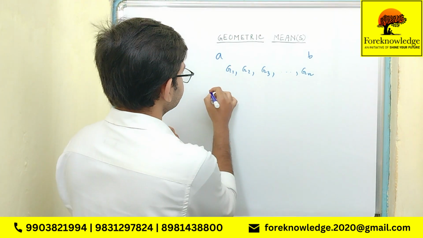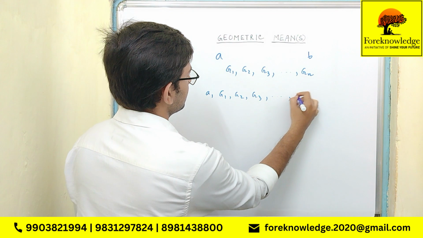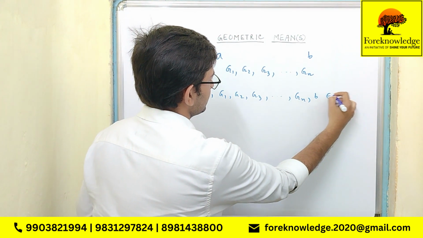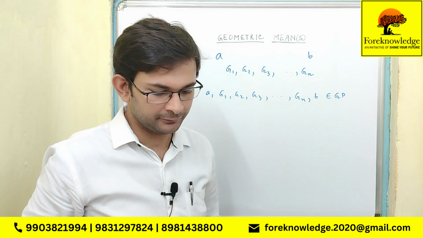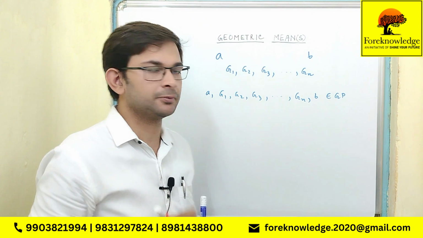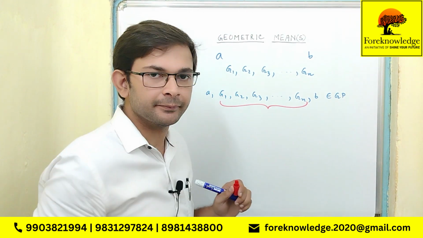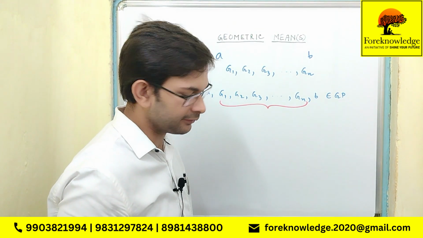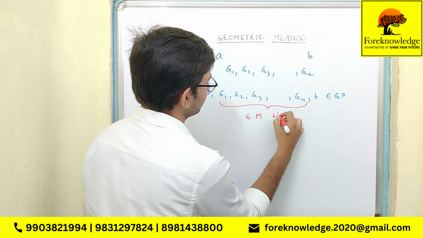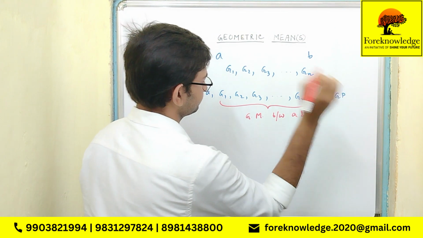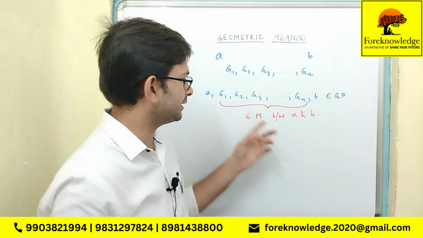A, then G1, G2, G3 up to Gn and B. If they are forming a GP, a geometric progression, then we say G1 up to Gn are called the geometric means between A and B, and the number is n.